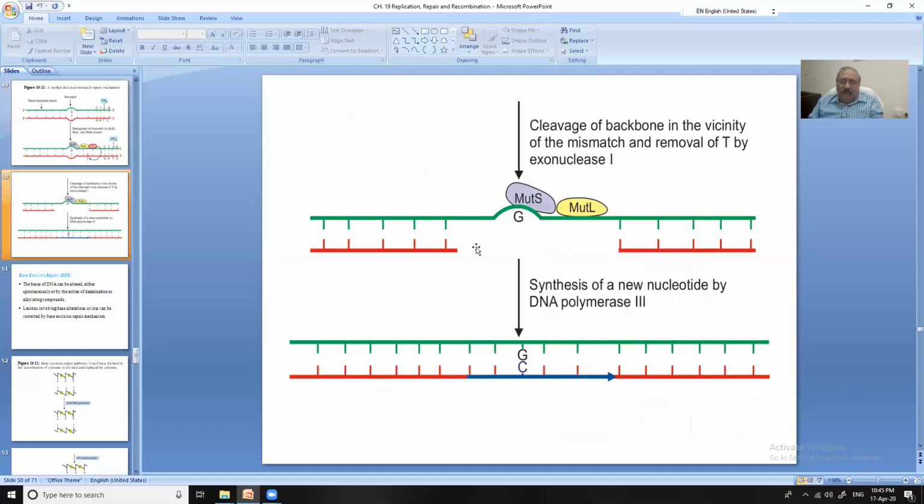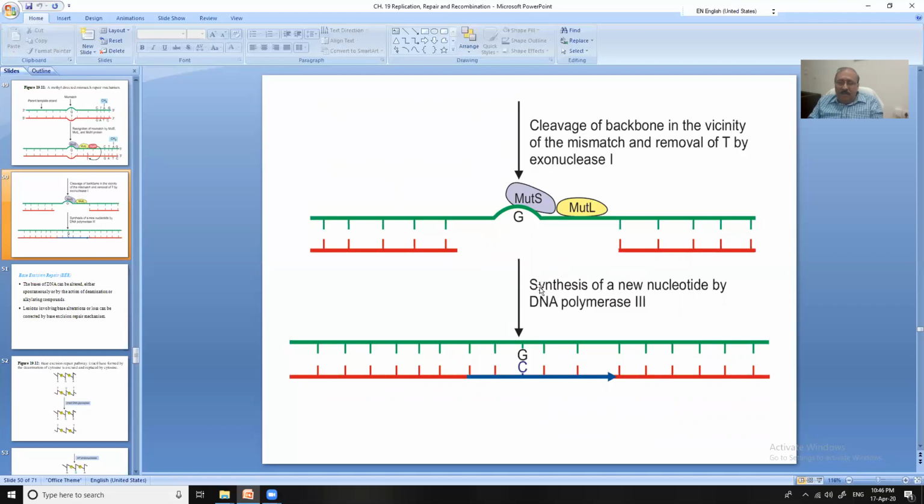This fragment is removed. Cleavage of the backbone in the vicinity of the mismatch and removal of T by exonuclease 1.